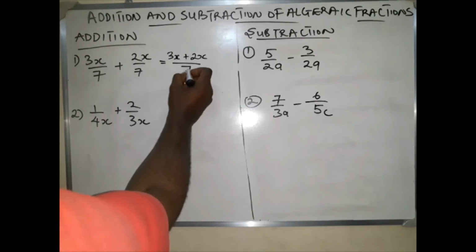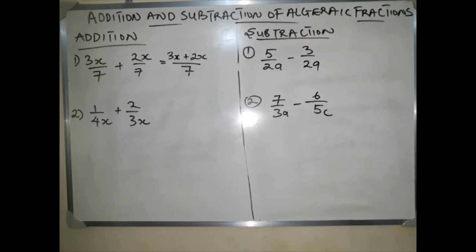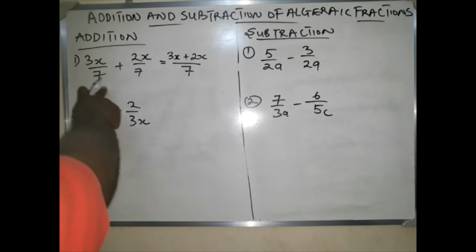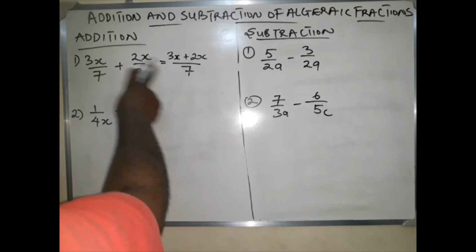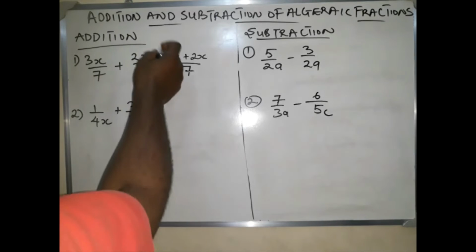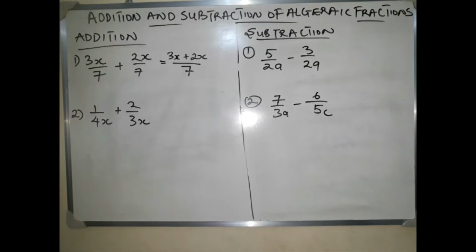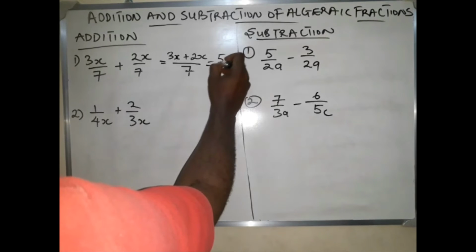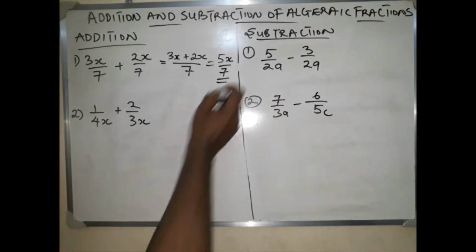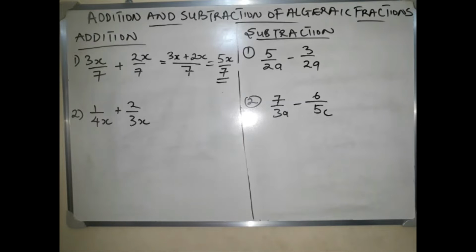It's just similar to what we do when we are adding like fractions. We just take one of the denominators, put it under the over sign, and then we add the numerators. So we now have 3x plus 2x, which will give us 5x all over 7. And that will be our final answer. It's very, very simple, especially when you have a common denominator.